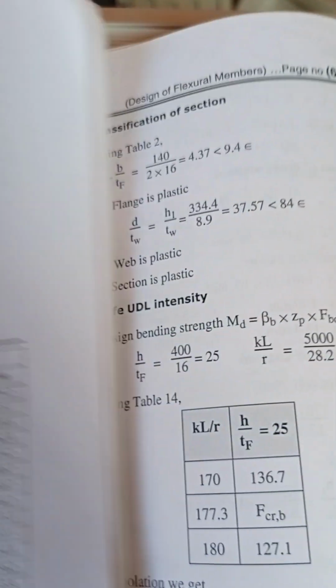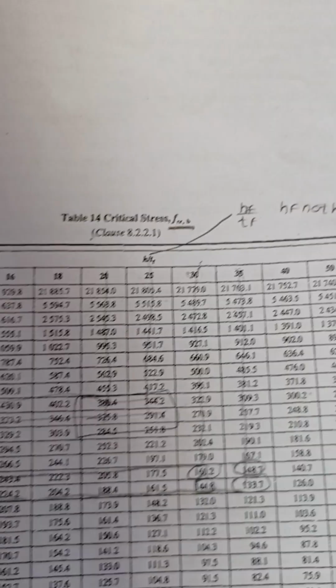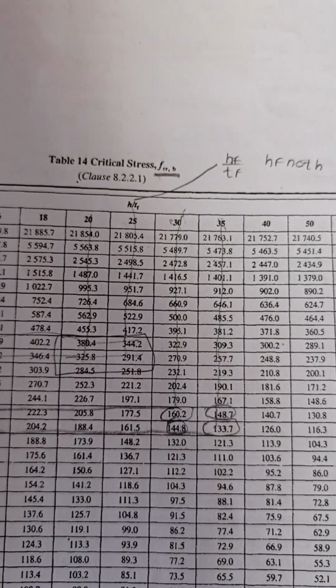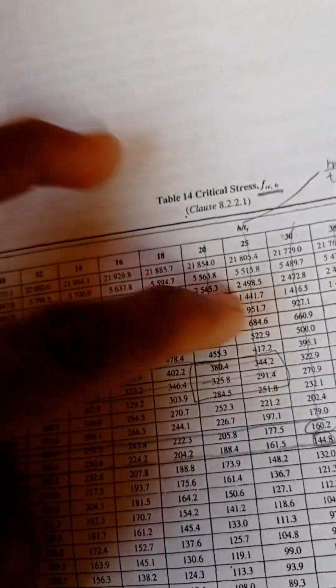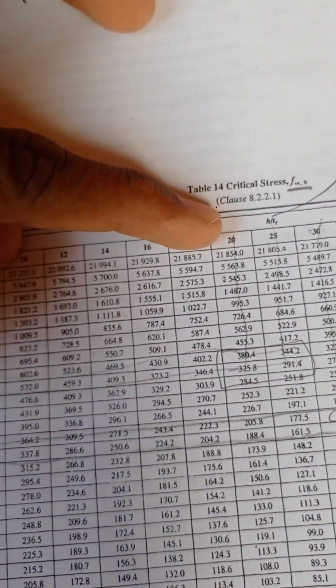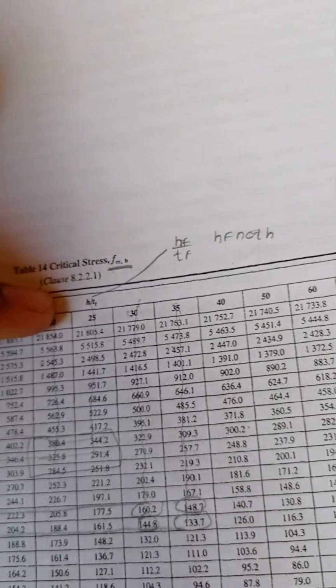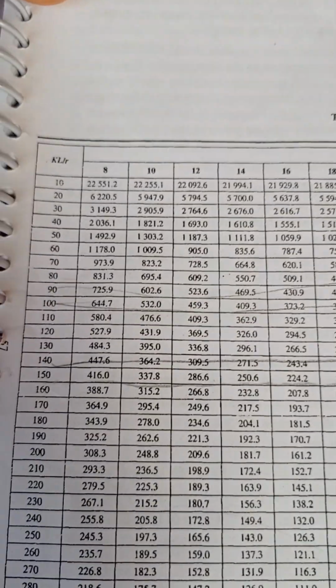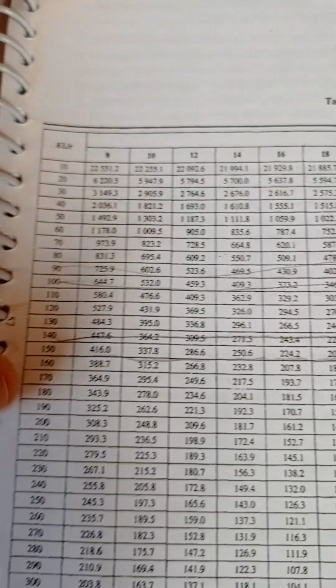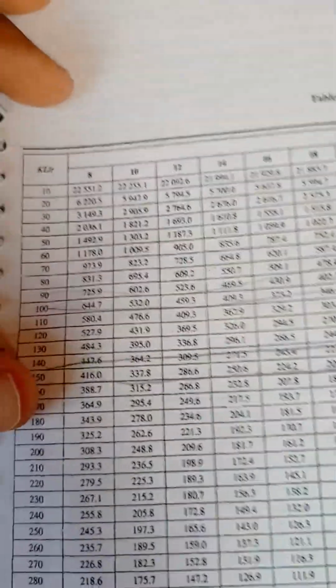So what you need to do right now is go to the table number 14, go for the 25 H by TF ratio, as you can see, and KL upon R ratio is 177, meaning it is between 180 and 170.